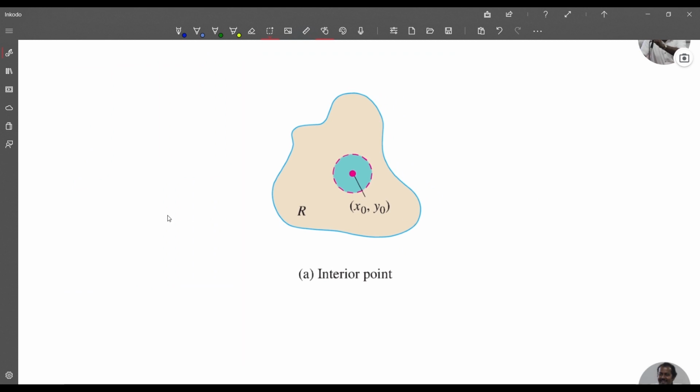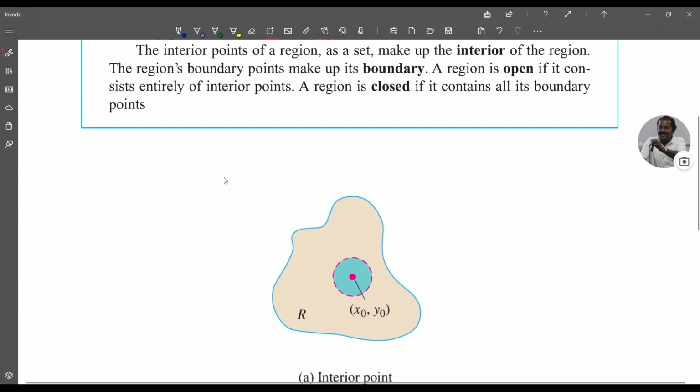You consider the region R and you consider a point (x0, y0), and you can see that there exists a disk of positive radius. So there exists a disk of positive radius which is contained entirely in the region R. This (x0, y0) is the center of a disk which is contained in the region R. Therefore (x0, y0) is an interior point.